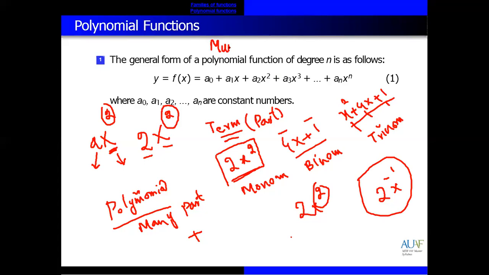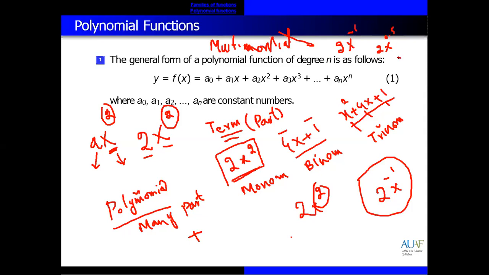Multinomial has the same meaning, but the difference between polynomial and multinomial is that for multinomial the power can be a negative number like 2x to the power minus 1. For multinomial the power may be a decimal number like 0.5.